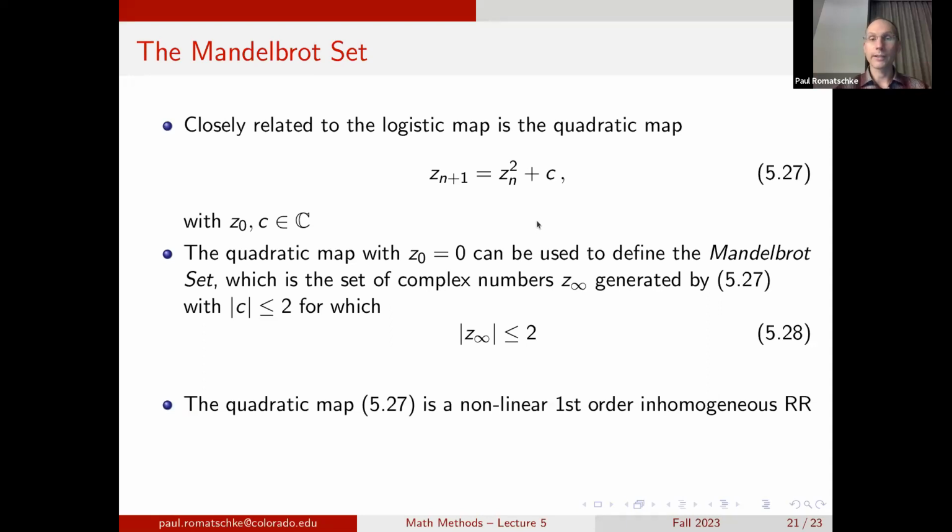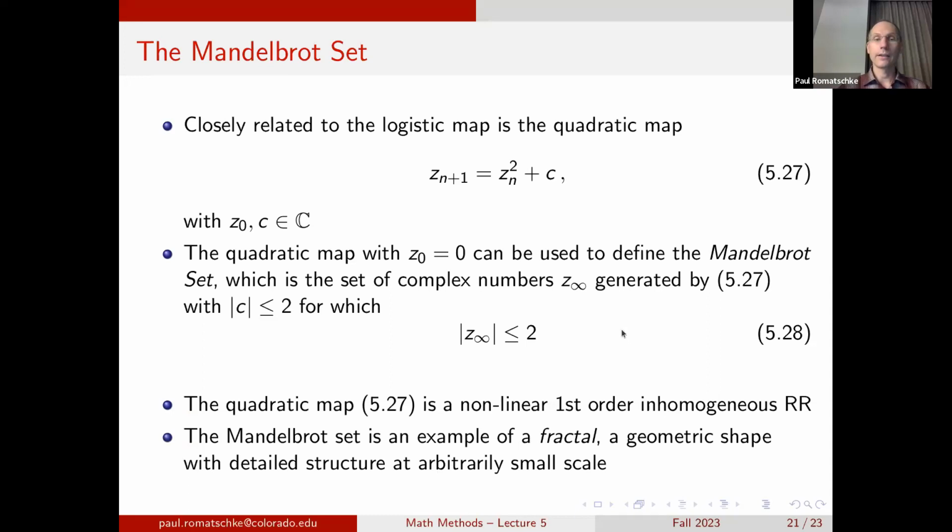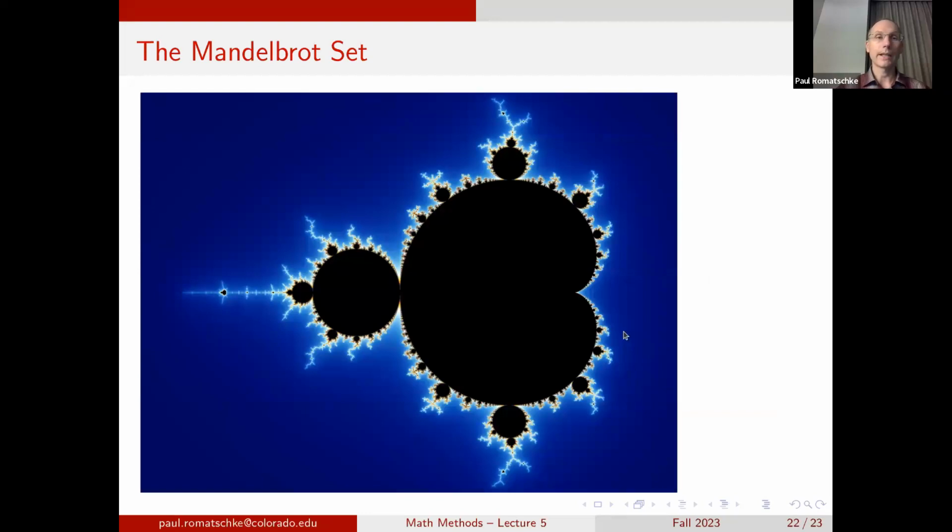If we also use color coding to say how quickly, for instance, a number approaches infinity, then we get nice shapes, in particular fractal shapes, which are shapes that have a detailed structure at arbitrarily small scale. So let me show the Mandelbrot set in the two-dimensional projection here, with the real part of the number and the imaginary part of the number going up here.